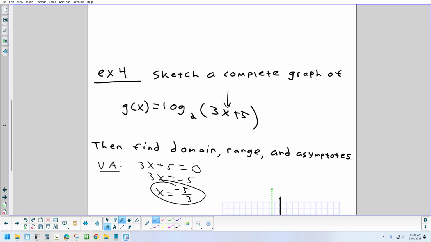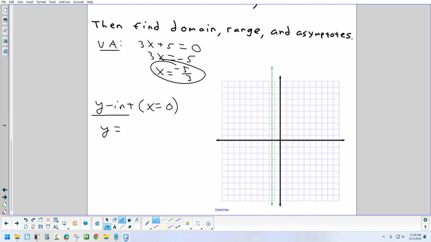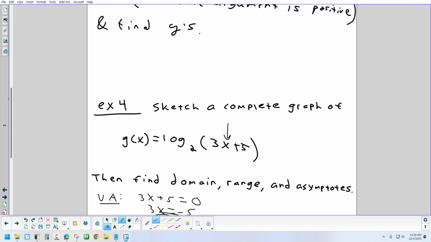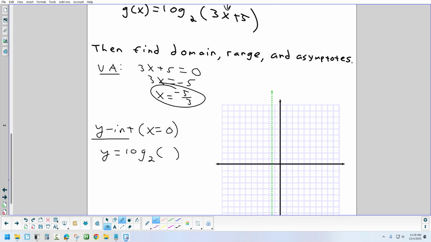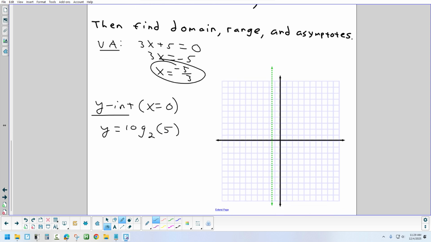So we're going to have y equals log base 2 of, and then fill in 0 for x. What's 3 times 0 plus 5? 5. How am I going to type that in on the calculator?